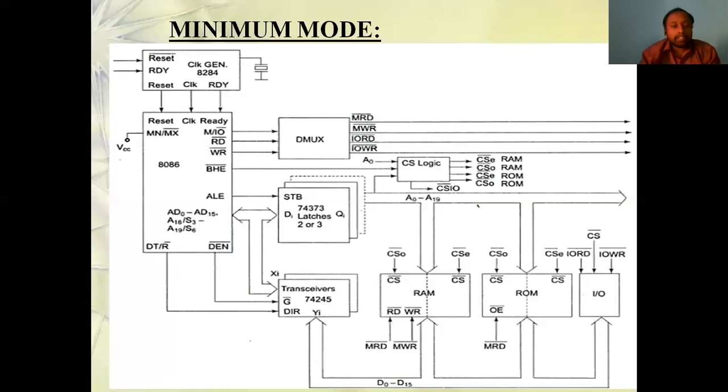The demux takes the M/IO and RD/WR pins, these three pins, and gives memory read, memory write, IO read, and IO write, so 4 pins it is going to give. Those pins would be allocated here, but due to the complexity they are not shown. These blocks are more than enough. The top one is the clock generator, and the operations are performed according to the clock. This is the clock operation it provides.